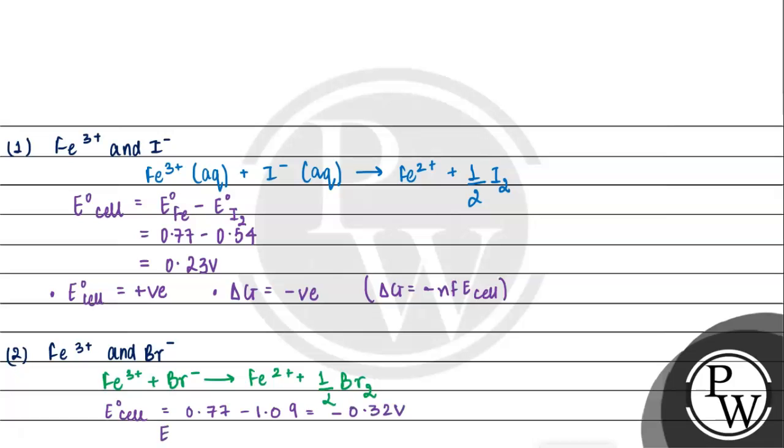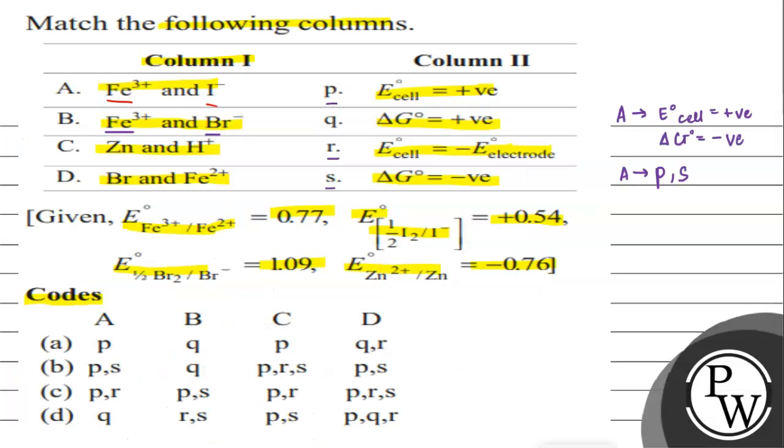So here हमारा E° cell is negative. So हमारा ΔG° will be positive. So we want to match the values. B में हमारा E° cell is negative, so ΔG will be positive. तो हमारा Q will be the match.